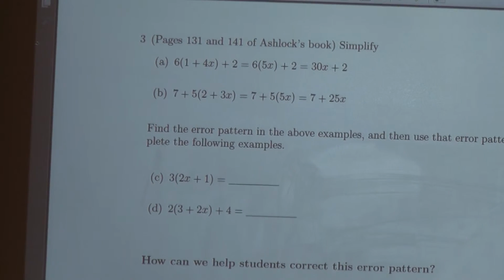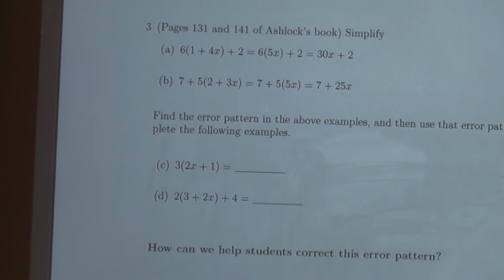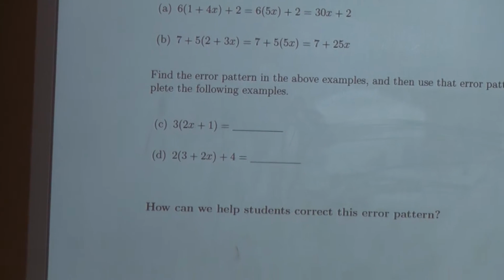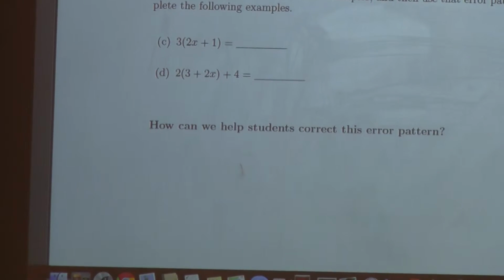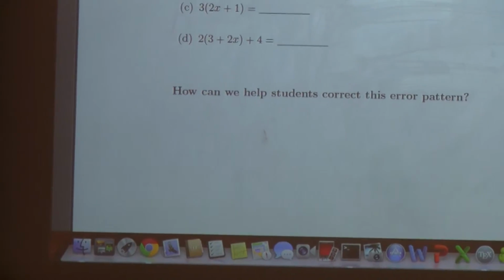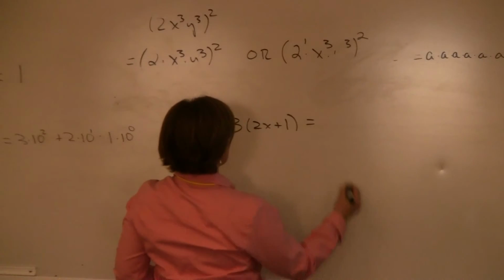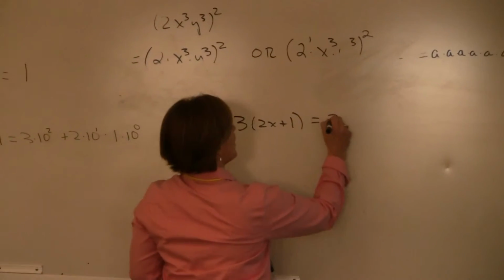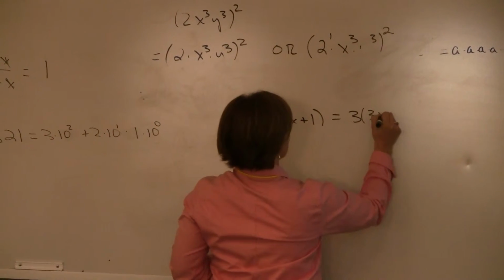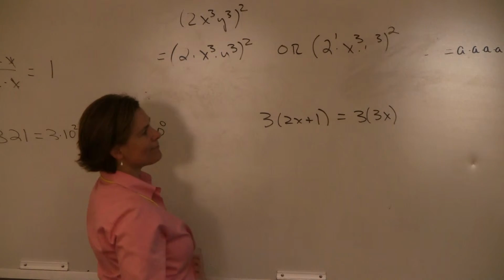So can you guess what C and D are going to be? You're right, they're going to do 3x in here.